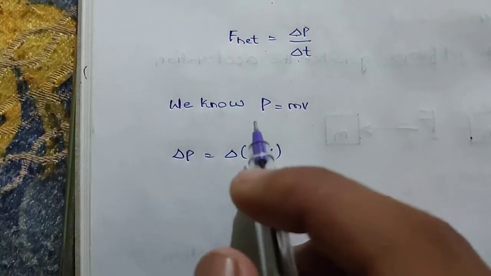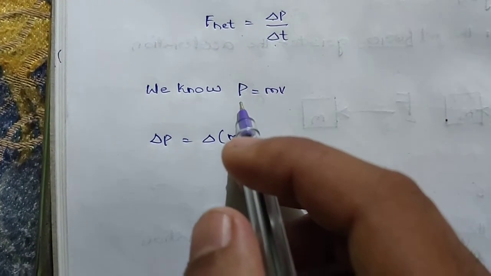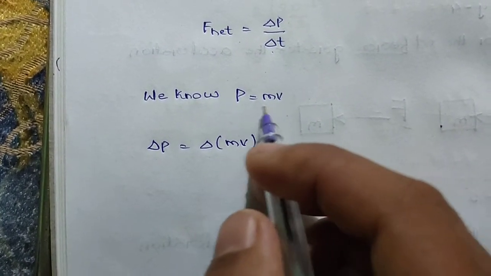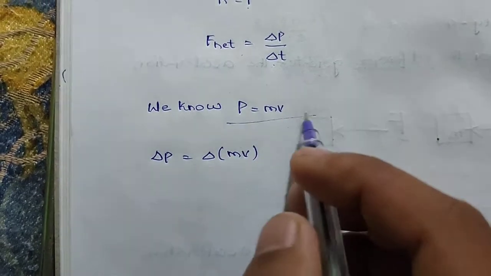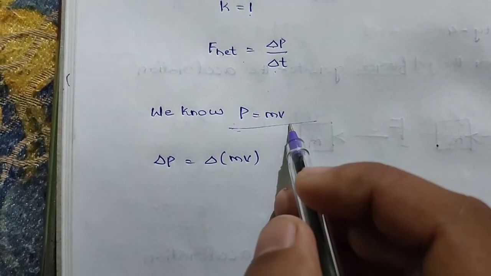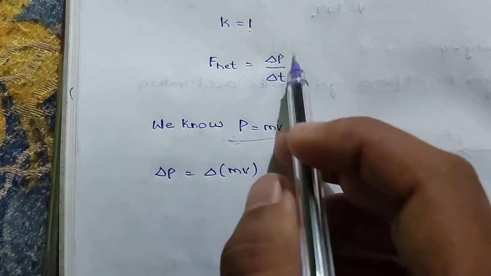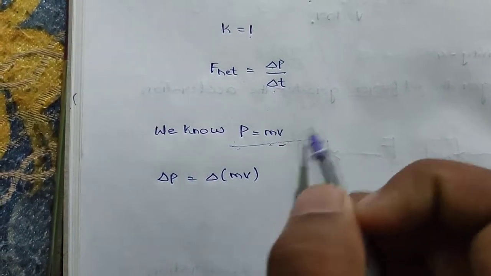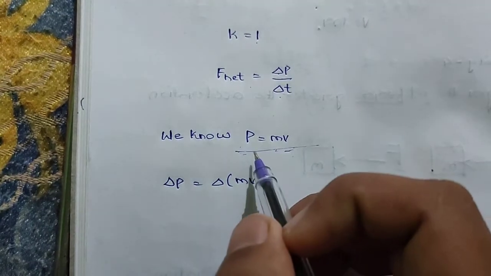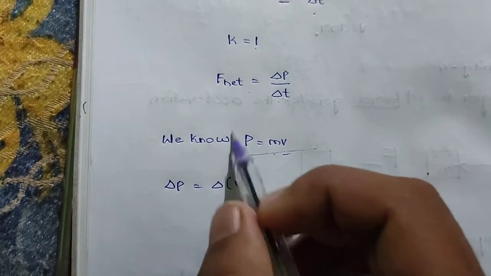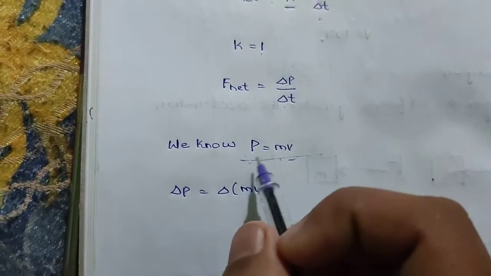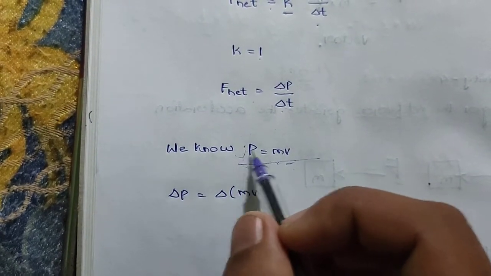Now we also know that the momentum p is equal to mv. This we know, the formula of momentum is p equals mv. So if I replace the value of delta p with mv, is it possible? I can place the value of p instead of delta p, but I need to have a delta here.